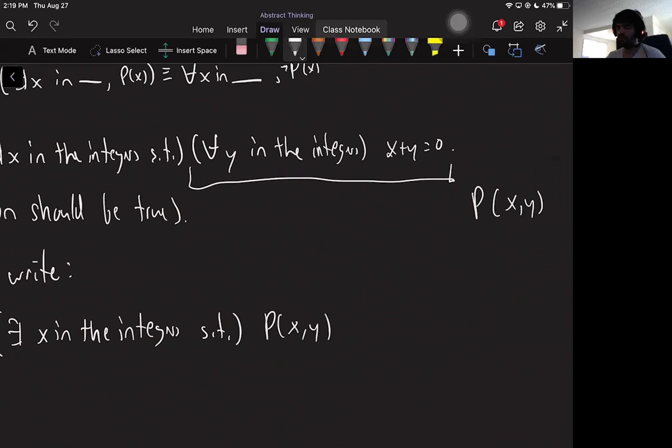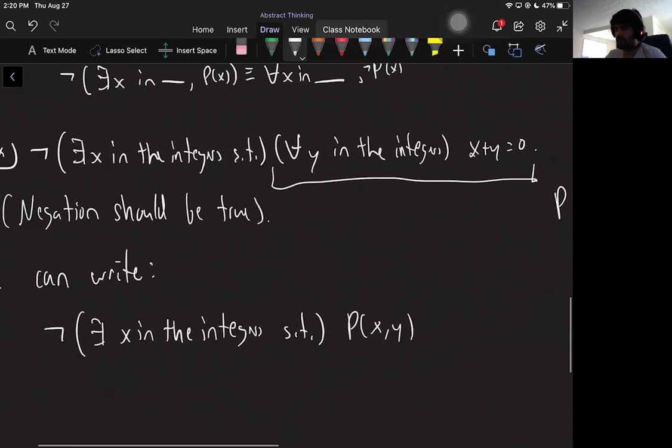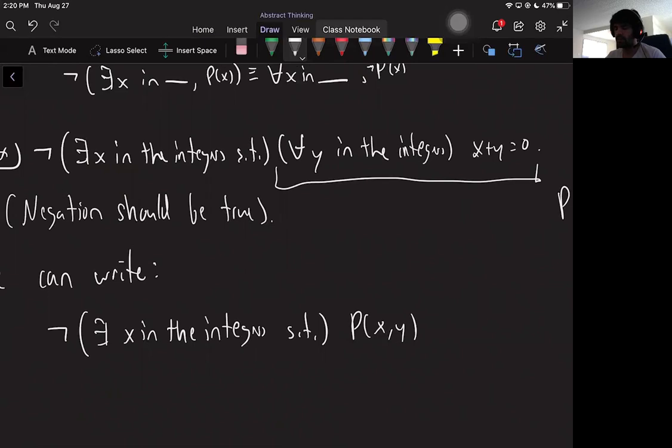So we're just saying the same thing in a more compact way. We're still saying the same statement that there exists an x in the integers such that something happens. That something is dependent on x and y, and it changes depending on x. So we can call this a predicate. We can write it like that.